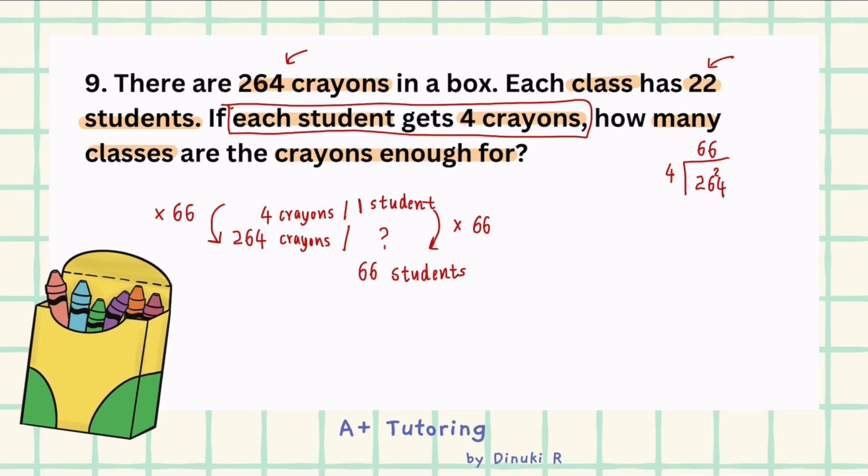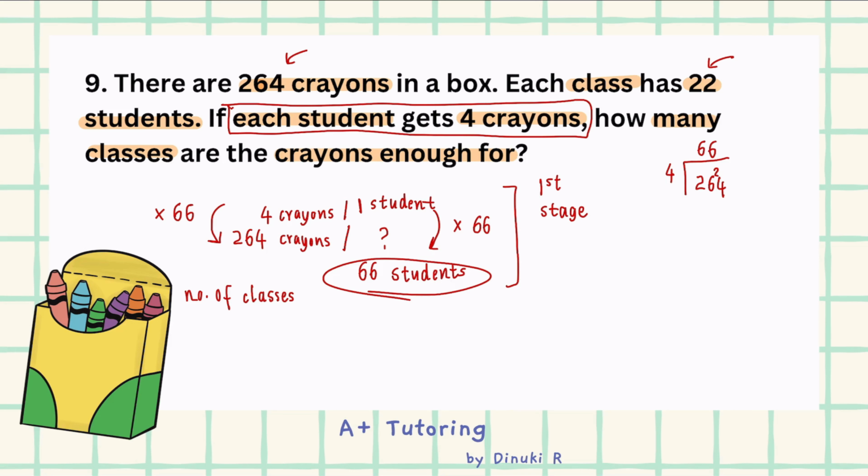Is this our answer? No. What are we being asked to figure out? How many classes are the crayons enough for? So, this is the first stage of the working out, right? We've figured out that the crayons are enough for 66 students. Now we need to figure out the number of classes.